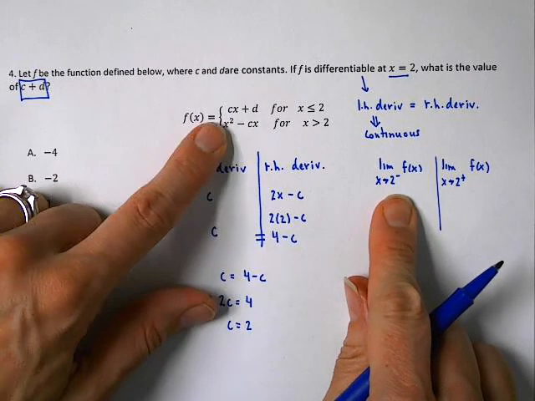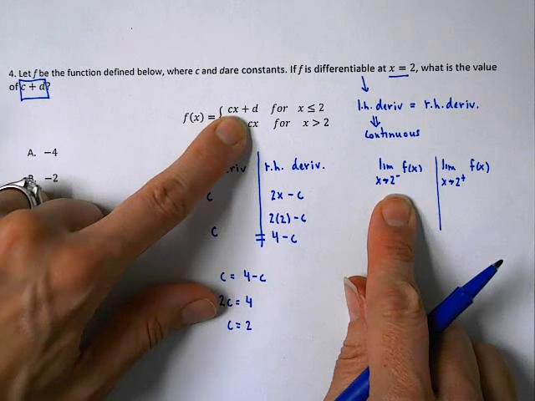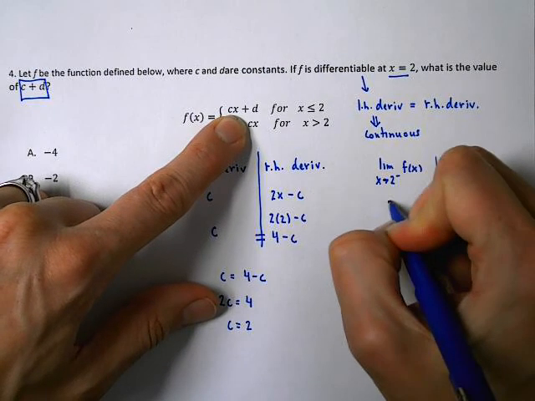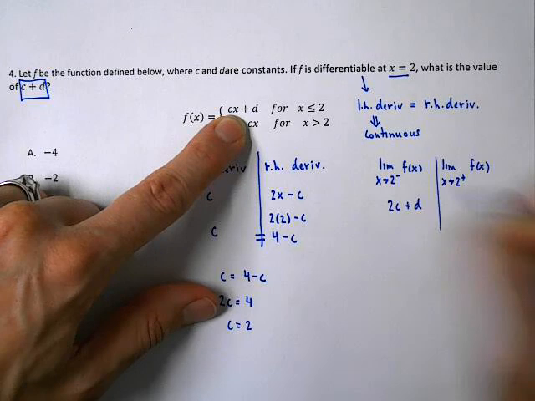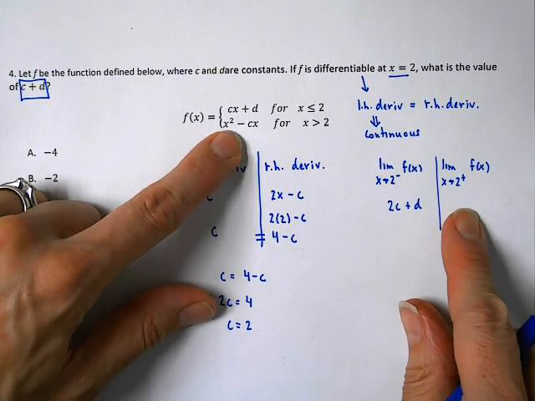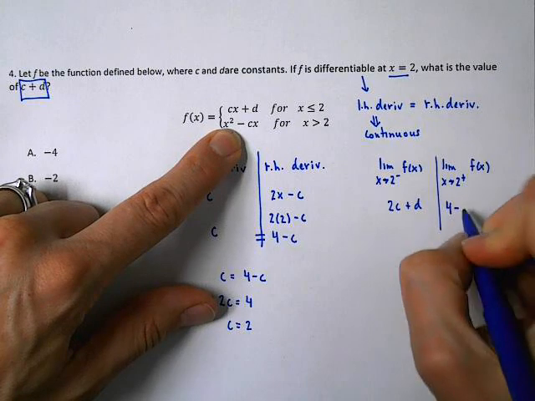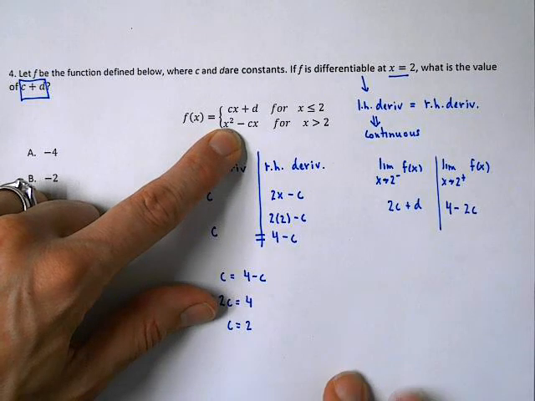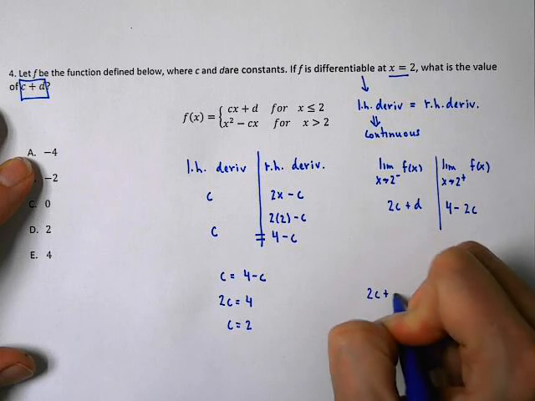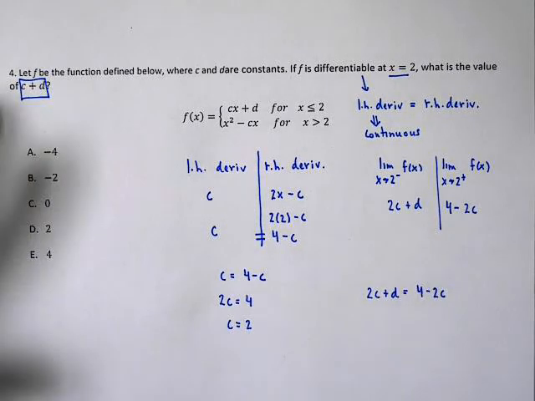My limit as x approaches 2 from the left is going to be 2c, because I'm going to plug it in, 2c plus d. My limit as I approach from the right, if I plug 2 in, is going to be 4 minus 2c. So now I have the equation 2c plus d equals 4 minus 2c.